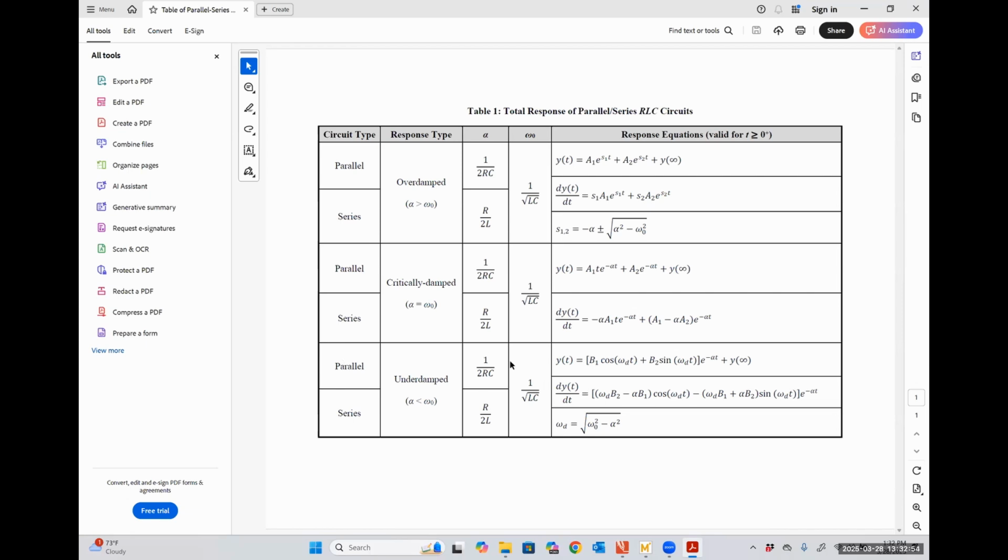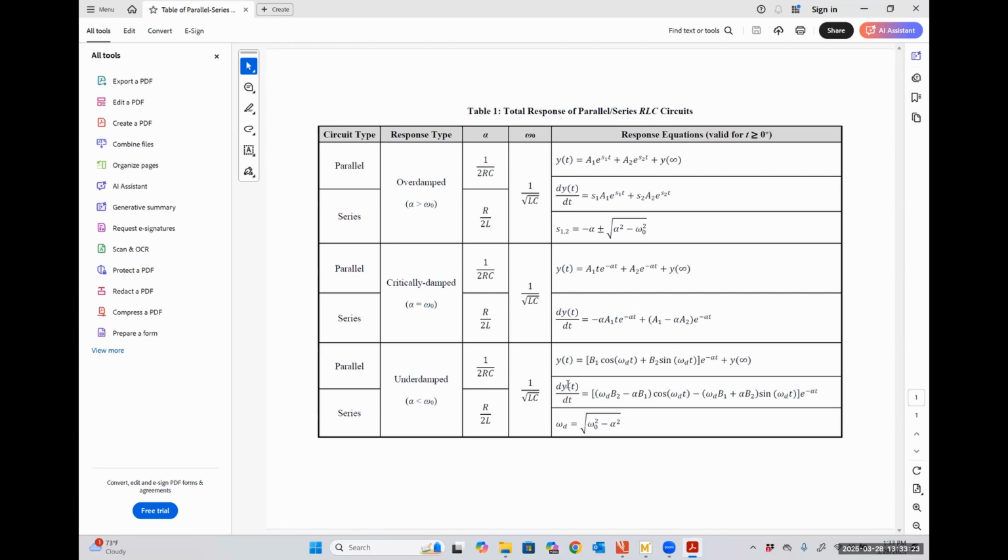And so its constituent equations are going to be alpha is equal to 1 over 2RC, which we already used. Omega naught is the square root of 1 over LC, which is a slightly different representation of that exact same thing, so it doesn't really change anything. We have this relationship here, y of t is equal to b1 cosine omega d t plus b2 sine omega d t times e to the negative alpha t plus y at infinity, blah, blah, blah.